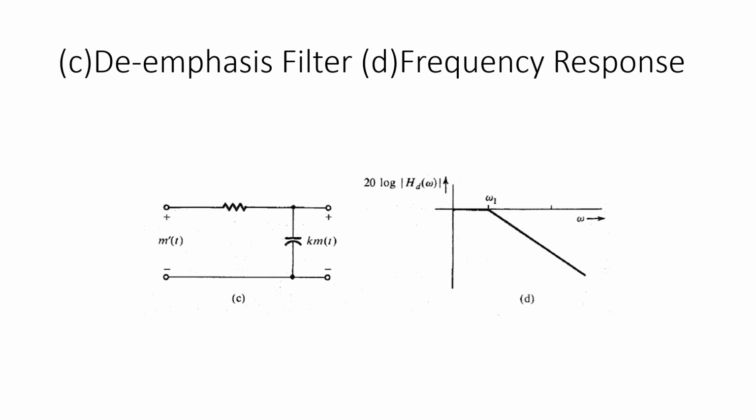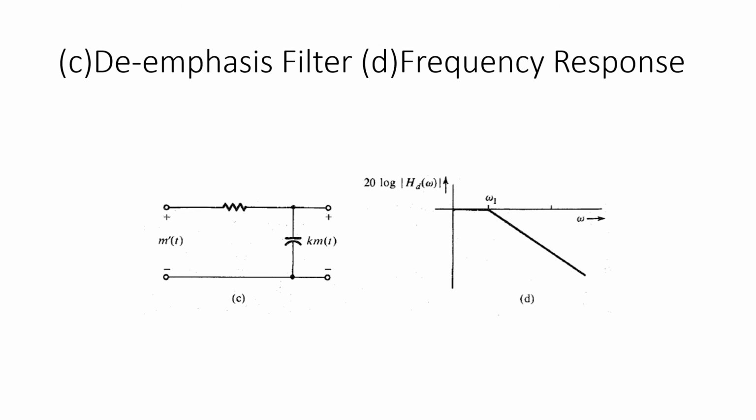This is the de-emphasis filter and its frequency response. Again, this is an RC circuit. The input to this de-emphasis filter is m'(t), which is the output from the demodulator, and the output from this de-emphasis filter is k·m(t), that is, it is scaled by a factor k.